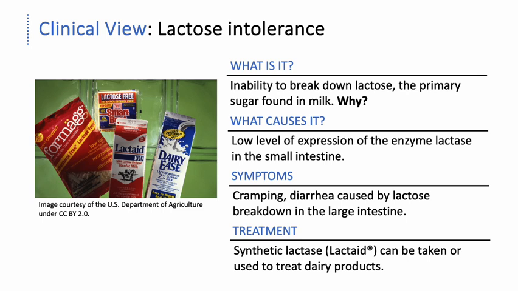So if you have this mutation and you now have this survival advantage over individuals who can't consume the milk, so they're more likely to be affected by famine, they don't have enough nutrients and resources, or they try to drink it and they have diarrhea and they get sick and they die.